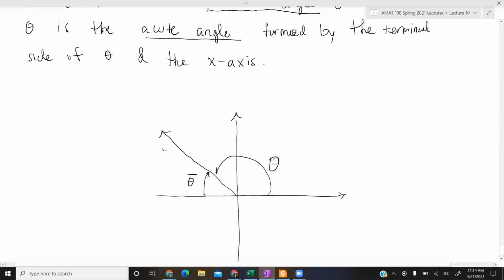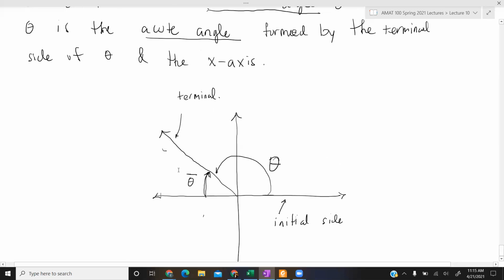So your x-axis is always the initial side, and then you rotate at some angle. So this is the terminal side. You rotate it by some angle theta, and then theta bar is just going to be this angle right here that the terminal side forms with respect to the x-axis.